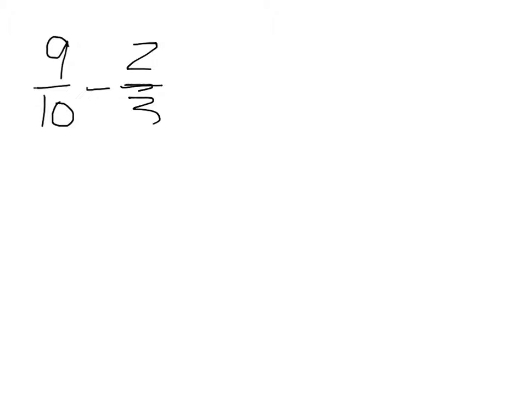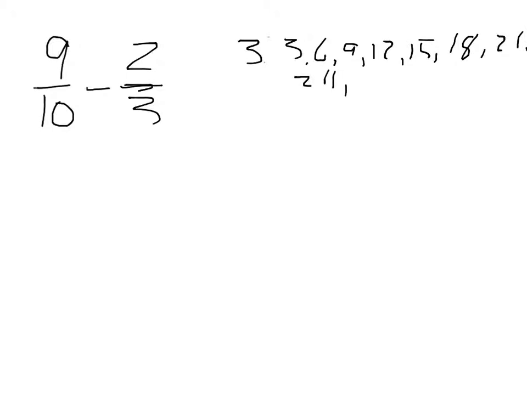Okay, let's start with our common denominators. Least common multiple. 3, 6, 9, 12, 15, 18, 21, 24, 27, and 30. Okay, I kept going because looking at this, I know that I'm going to need more numbers. And then I can do 10, 10, 20, 30.